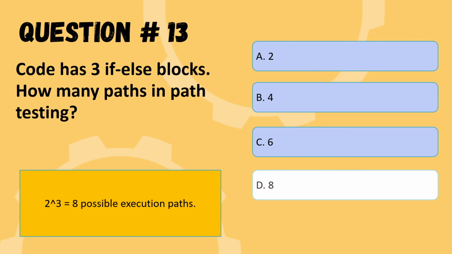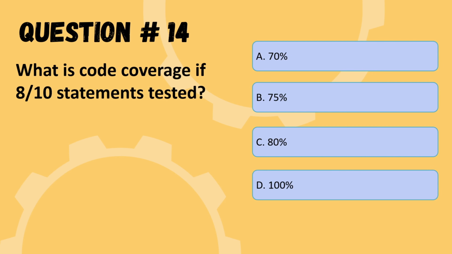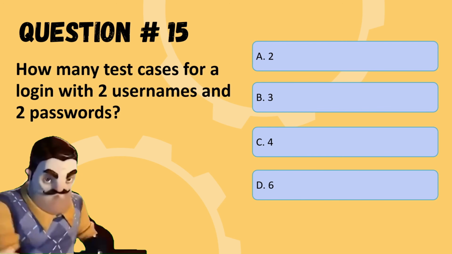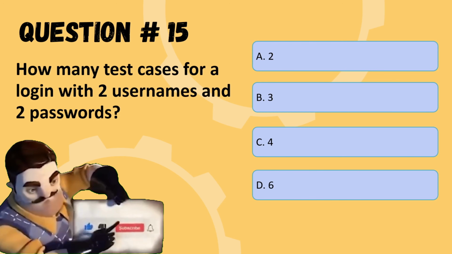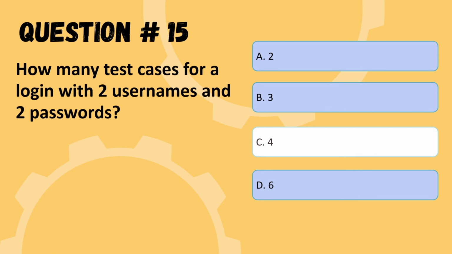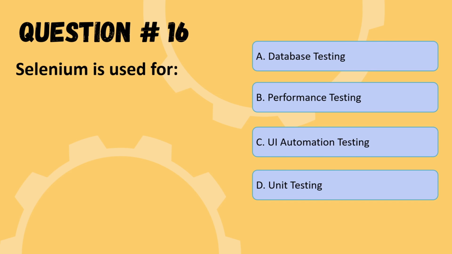So we are moving to the next question. Next question is, what is code coverage if 8 of 10 statements are tested? So the correct option is 80%. So we are moving to the next question. Next question is, how many test cases for a login with 2 usernames and 2 passwords? So the correct option is 4. So we are moving to the next question.